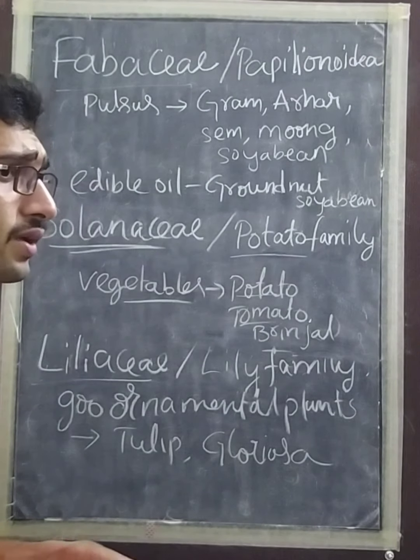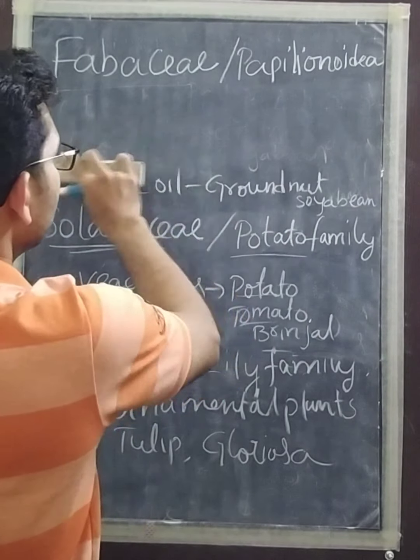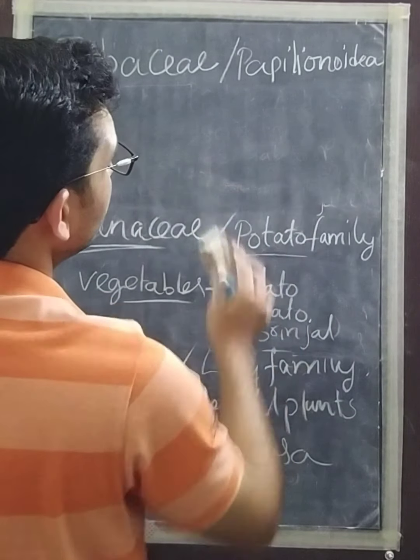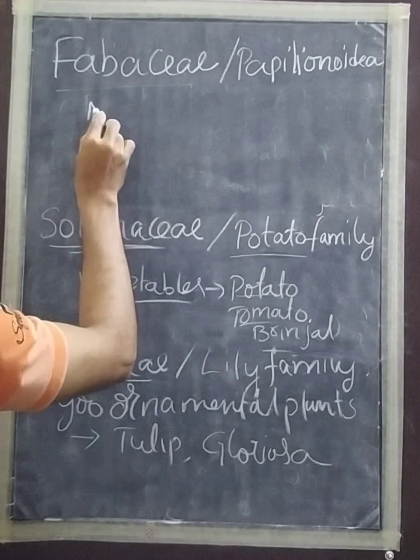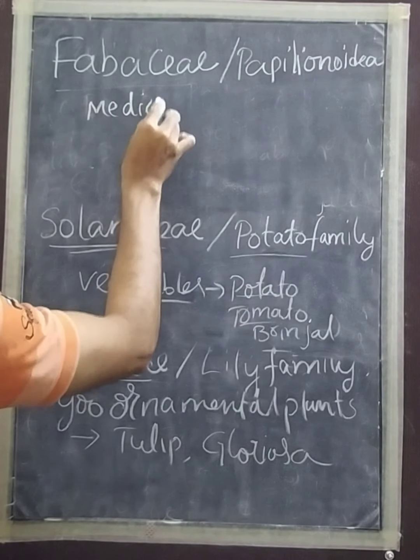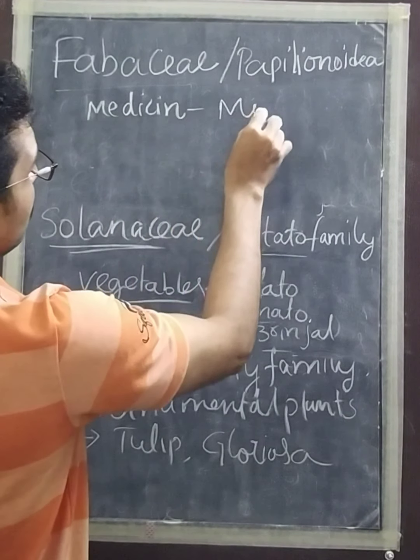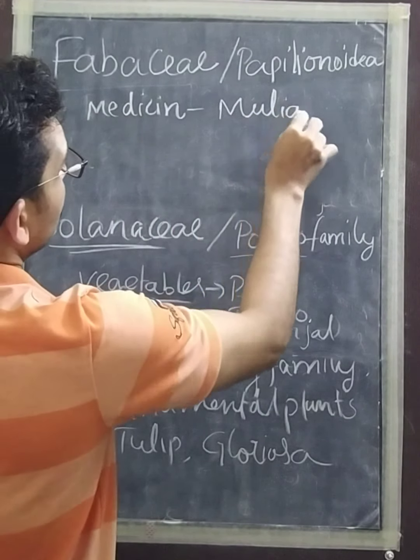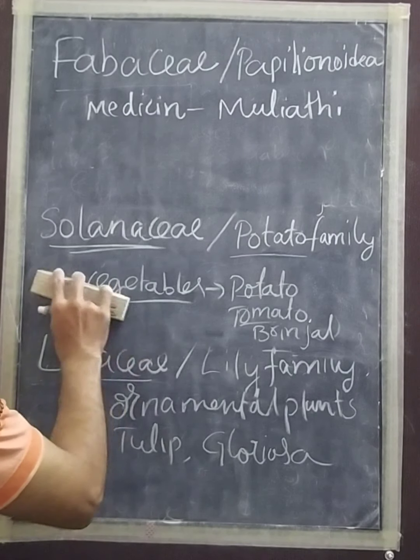Even the Fabaceae family has some medicinal value. So what are the medicinal plants available in the Fabaceae family, if you ask? Mulethi is one of the medicinal plants which is included under the family Fabaceae.